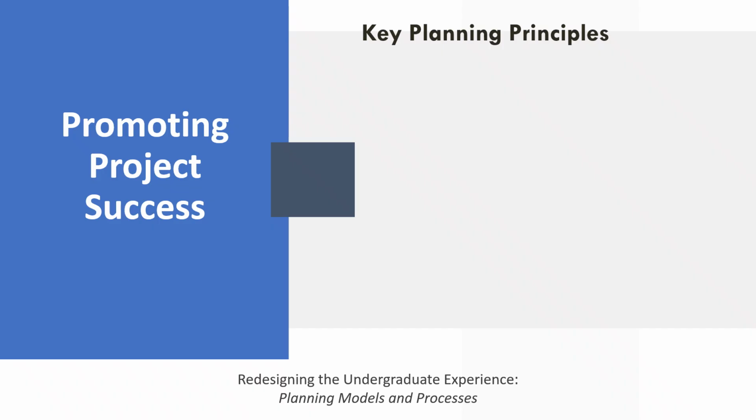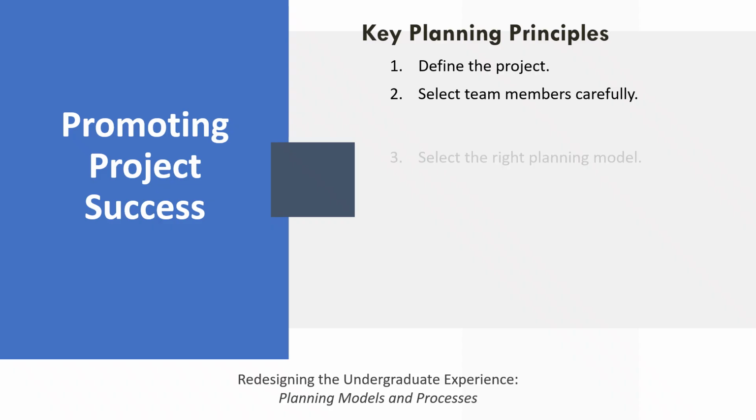In conclusion, campus leaders can promote the successful design, development, and implementation of campus initiatives by utilizing and applying key principles and processes, including: 1. Clearly define and describe the purpose, rationale, and desired outcomes of the project. 2. Carefully select team members and create team charters. 3.